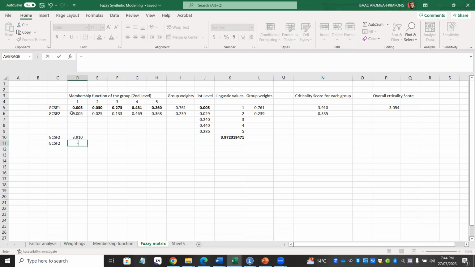For group 2, the same approach. Let me see whether it will work here. Oh, fantastic, that worked. Is that true? Let me confirm.